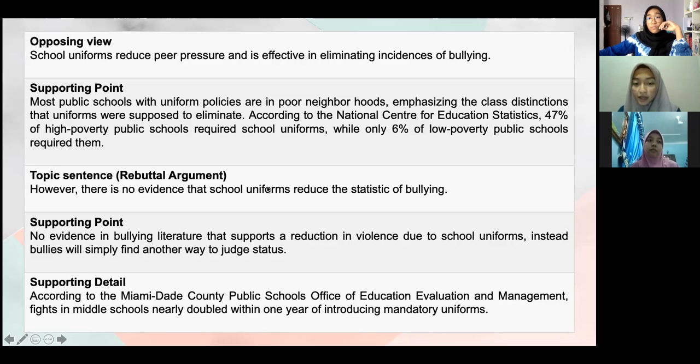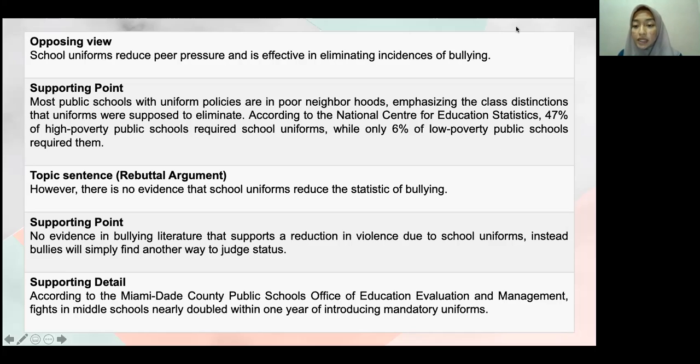So we found out that for the supporting points for the opposing view, the statement is most public schools with uniform policy are in poor neighborhoods, emphasizing the class distinction that uniforms were supposed to eliminate. According to the National Center for Education Statistics, 47% of high poverty public schools required school uniforms, while only 6% of low poverty public schools required them. So this supporting point supports the opposing view that school uniforms reduce peer pressure and are effective in eliminating incidents of bullying.